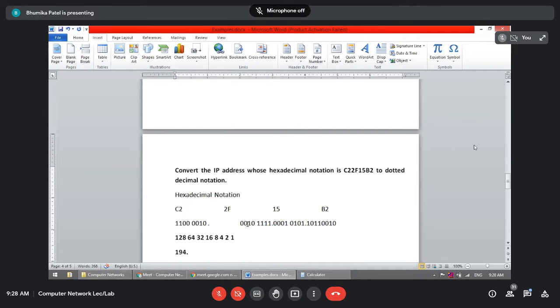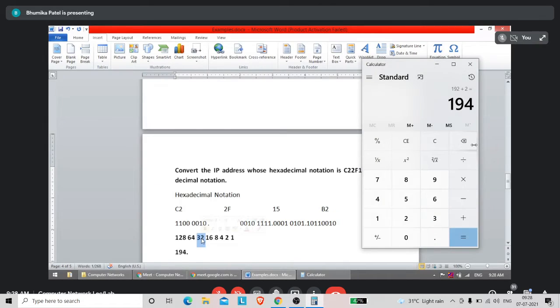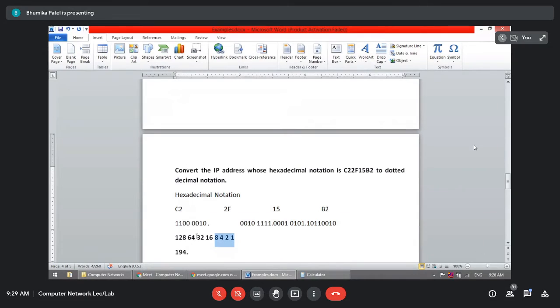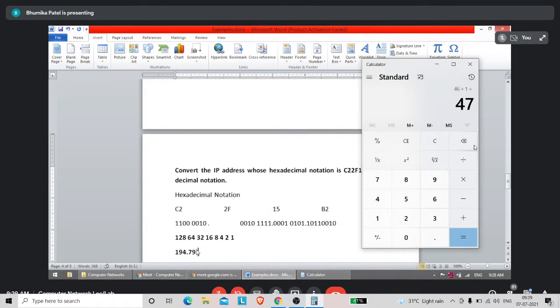Yes. Okay, next, here it is 2. This one means 32, and the last 4 bits are all 1, so it is 8, 4, 2, 1. So 8421 gives 15, plus 32, so it will be 79, right?